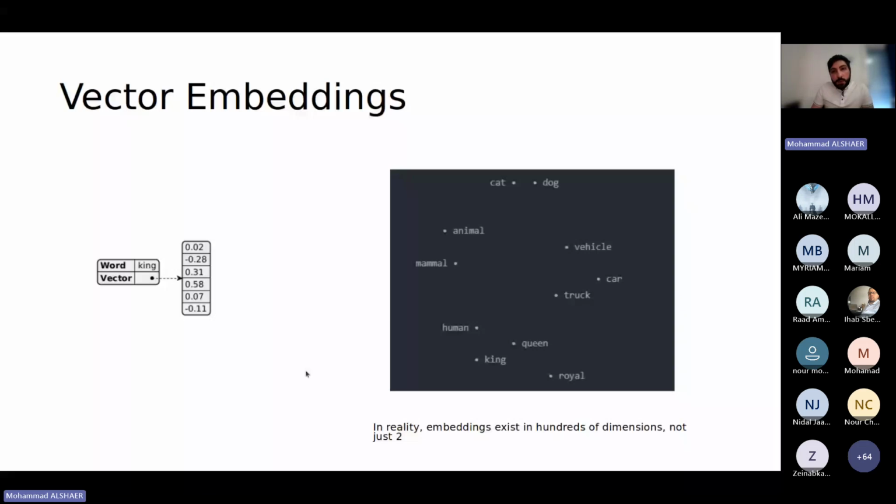In the real world, similar things are grouped together, like cat and dog are a bit similar, or vehicle, car, truck are also grouped close to each other. Animal, mammal, and so on. Human, queen, king, royal are grouped together as well. But in reality, it's not 2D, it's hundreds of dimensions, sometimes even more than a thousand.